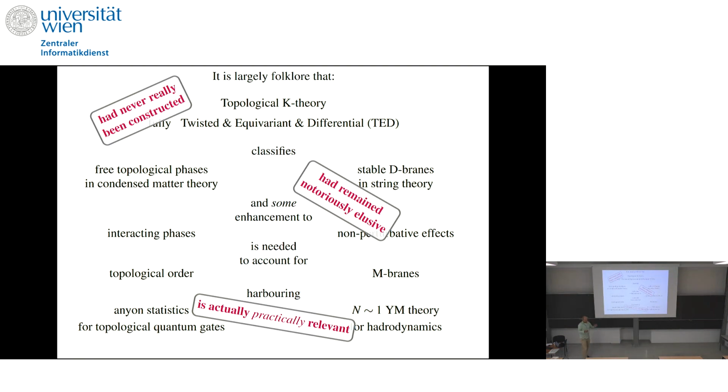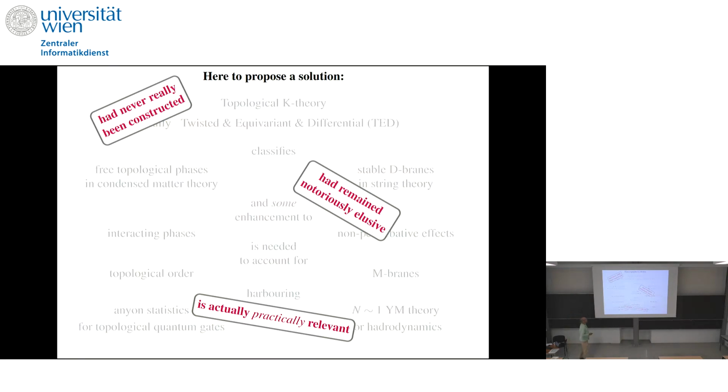So that's kind of the motivation. It's an interesting storyline, but it has remained open. And so what I want to do, kind of boldly, here is propose a solution, something that at least looks like a partial solution to these problems. That's something I've been working on with Hisham Sati and others for quite a while now. And I'm trying to survey the 3 ingredients that go into it.